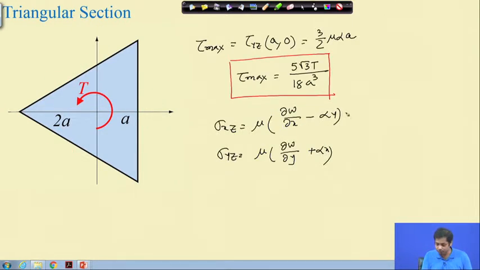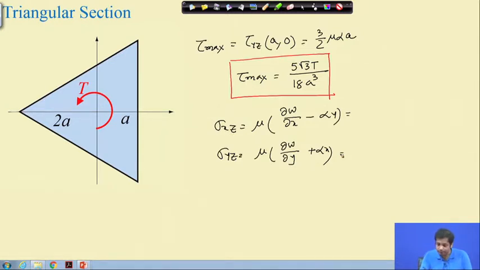Now, if you substitute the expression for sigma xz here and then integrate it, you get W, and in that integration we will have some function of y, because that integration will be with respect to x. That unknown function of y can be obtained by the second equation, this equation. As I said yesterday in the previous class also, this exercise we have done many times in many examples in this course.